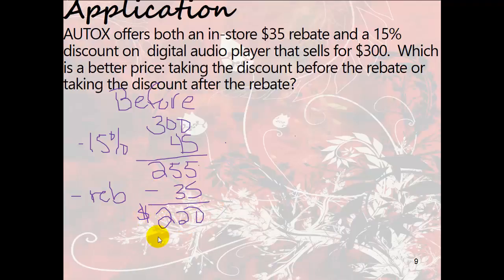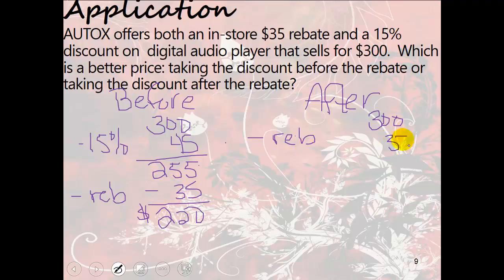Okay? Now if we did it after, or in the other order, we're still starting with $300, but now we're going to take the rebate off first. So minus the rebate, which is $35, and that's $265.